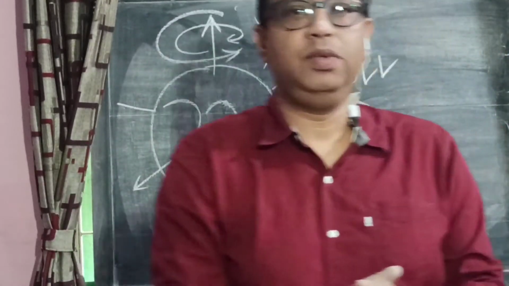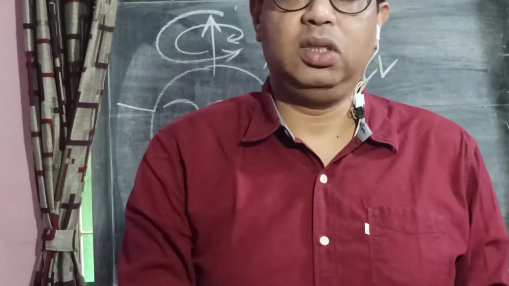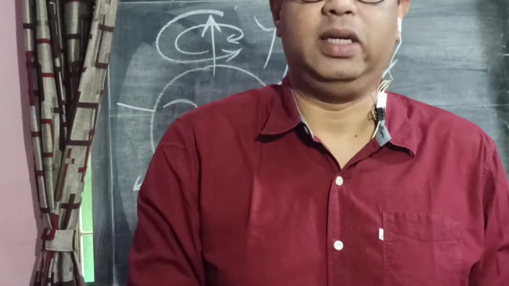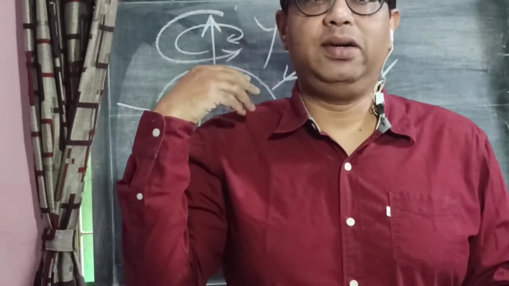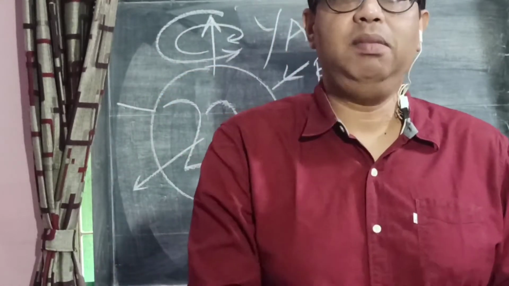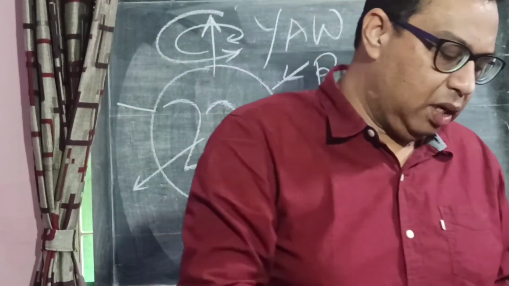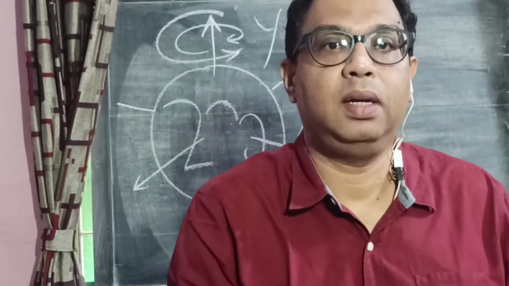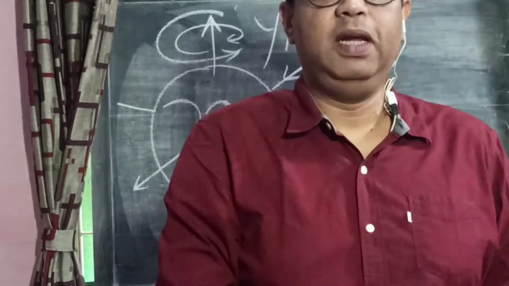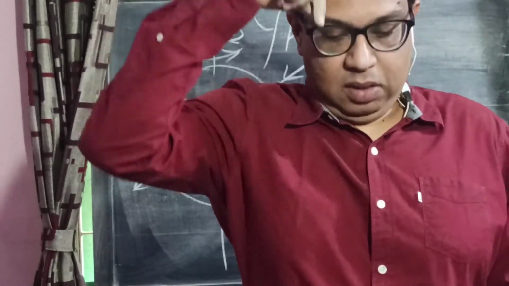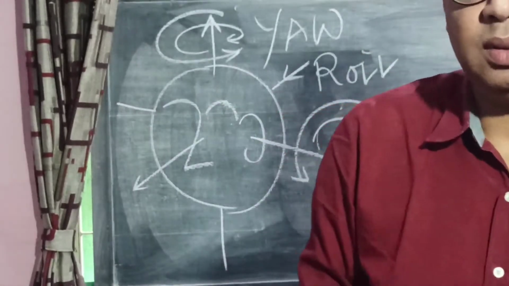If my body is moving from side to side, it is usually picked up along with the other constituents, more particularly by the utricle. So, acceleration and deceleration of the car is picked up by utricle, along with the other components of the vestibular apparatus. Up or down, this vertical movement, displacement, going up or coming down is sensed by saccule.